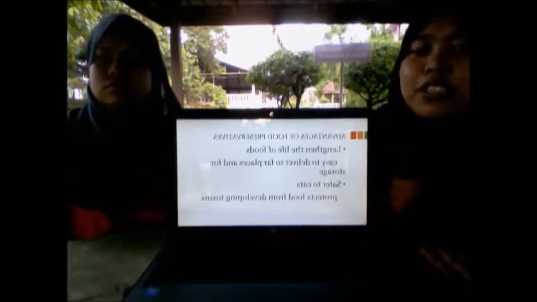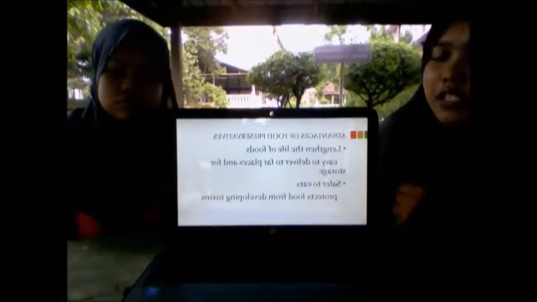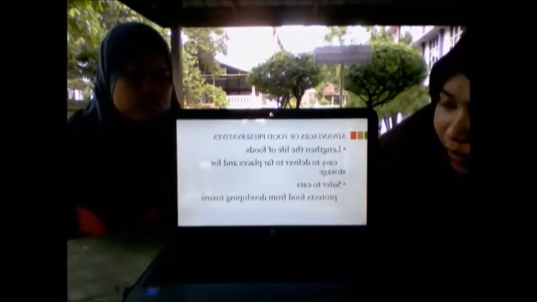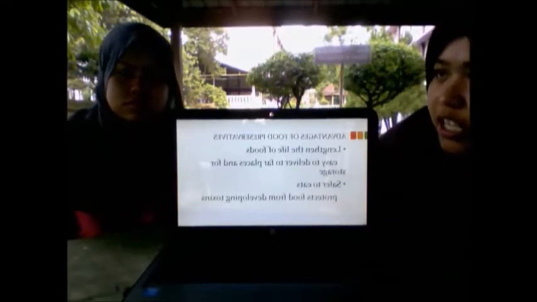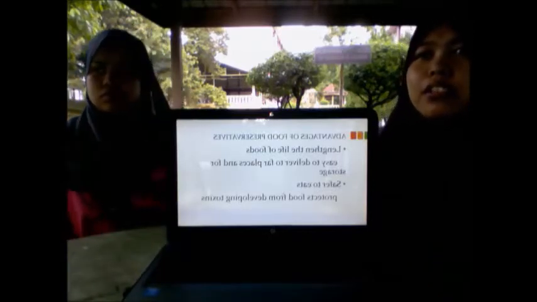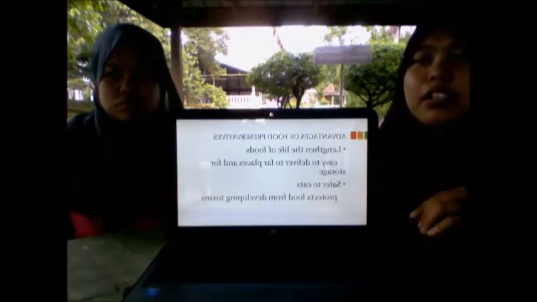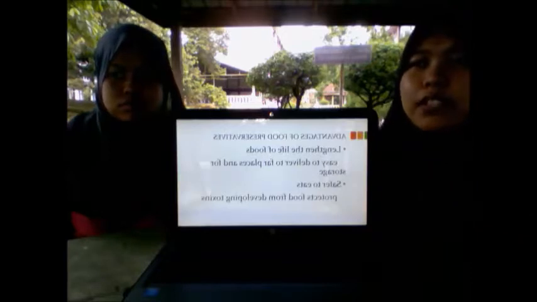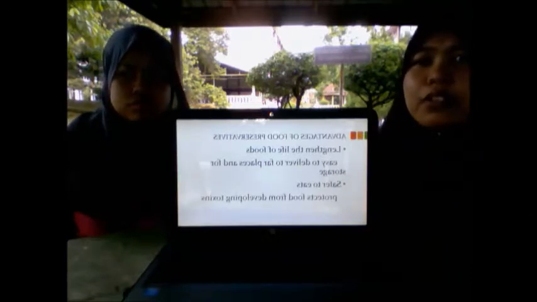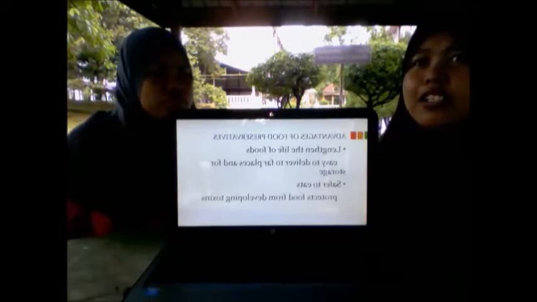And the next point is safe to eat, which is protecting food from developing toxins, such as in meat. When we slaughter the meat, microbes will grow easily. So when we add preservative quickly to the meat, the preservative will prevent the growth of microbes.